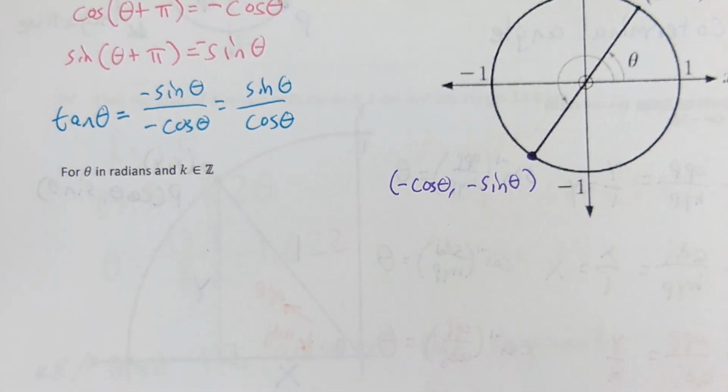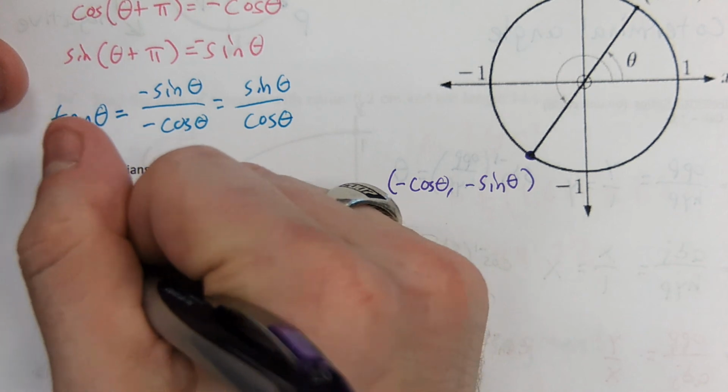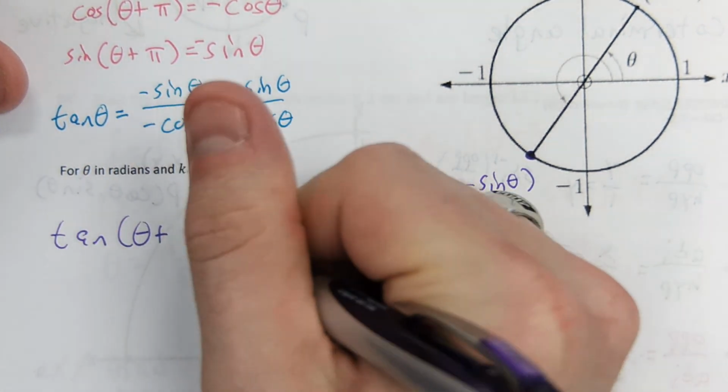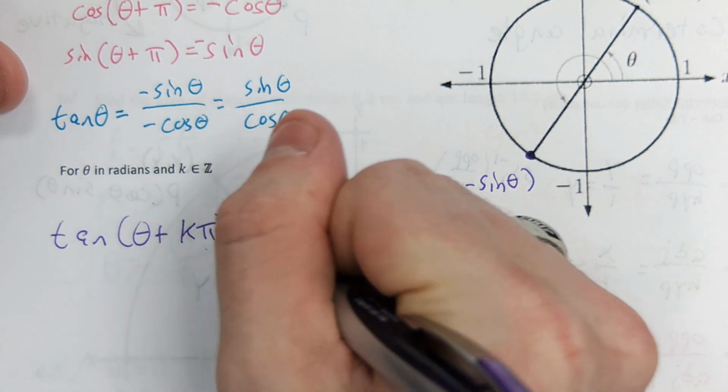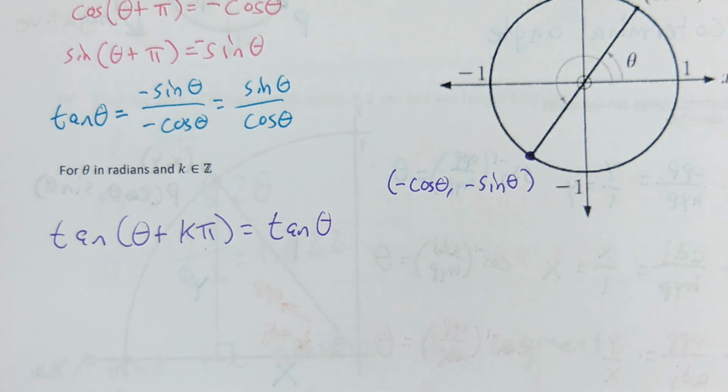But for tangent, going half a circle was the same as doing nothing. And that's really important stuff for graphing purposes as well. Sine and cosine both repeat themselves every 2 pi. Tangent repeats itself every pi.